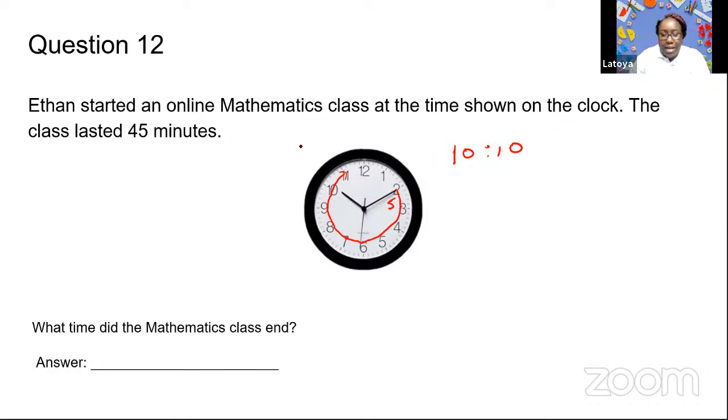Yes, the class ended at 10:55. Okay, which we can also say as 55 minutes past 10. It can also be read as 5 to 11, for those of us who really know our time.